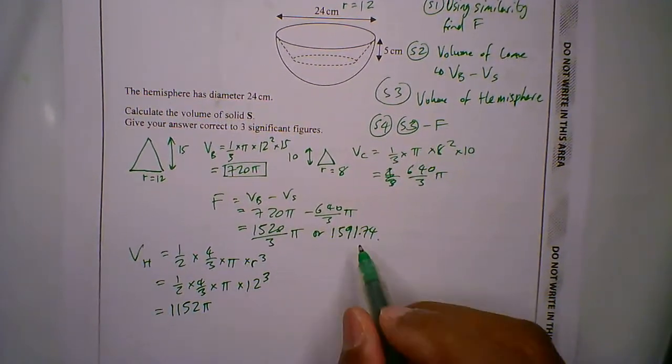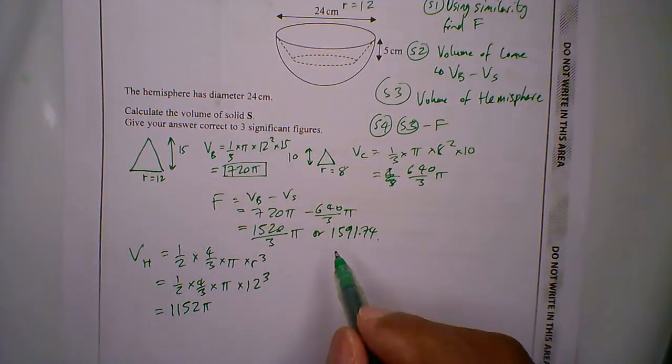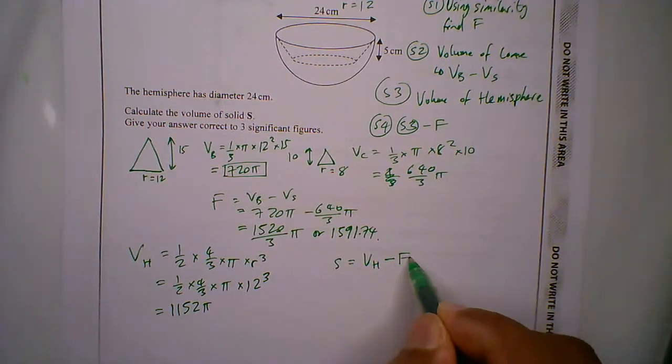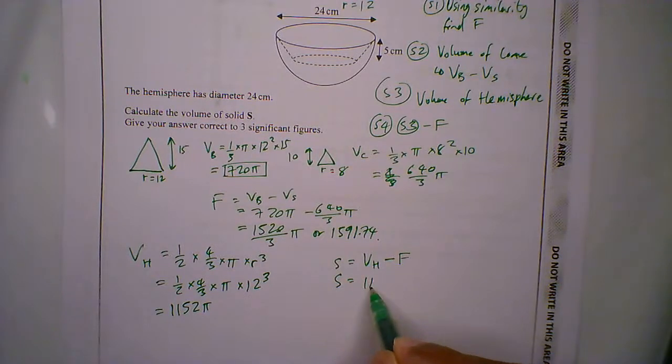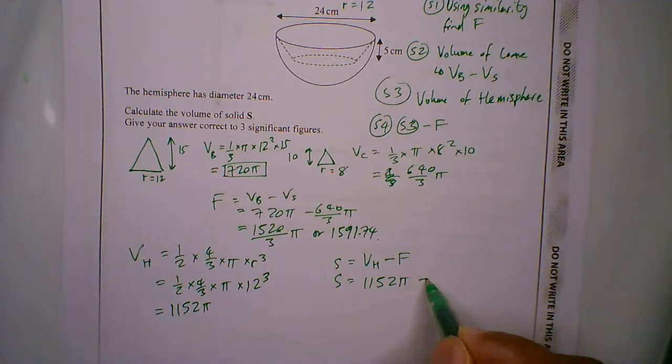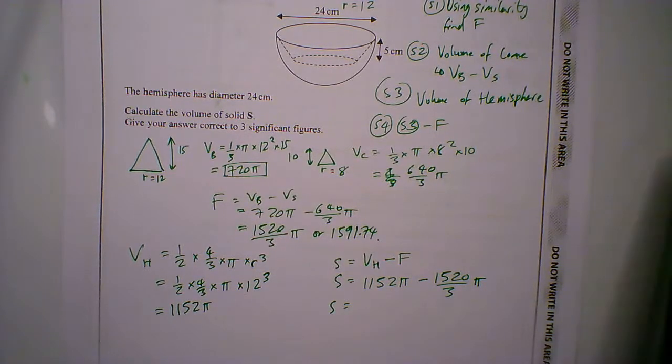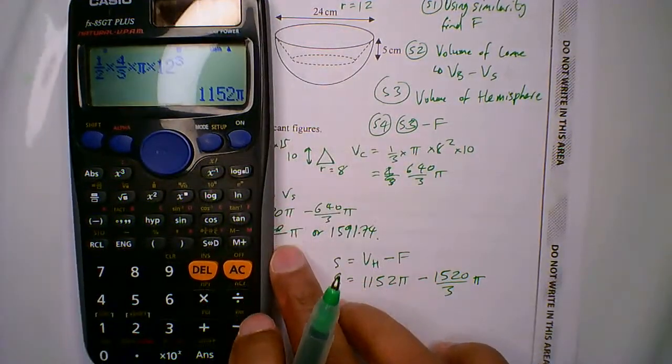Now my step 4 is I need to subtract these two to find out the volume of S. S equals volume of H, take away the frustum. So it's 1152 pi, take away 1520 over 3 pi. I haven't cleared this, which is good.